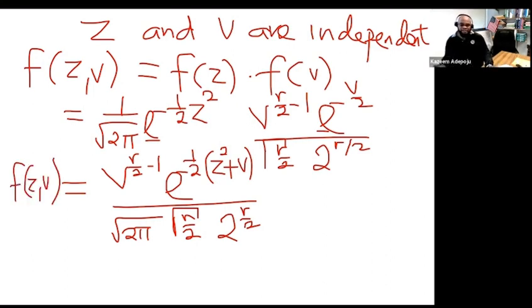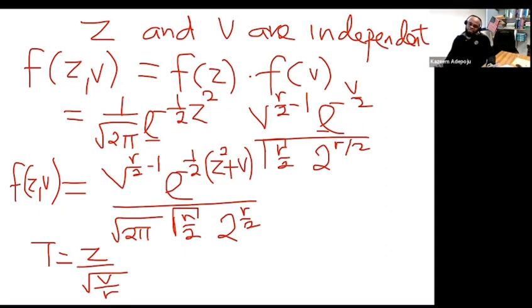Now the next thing I want to do, going by what we were given before, t equal to z over the square root of v over r, is to go from Z and V to T. It is not possible to move from two variables to one variable.